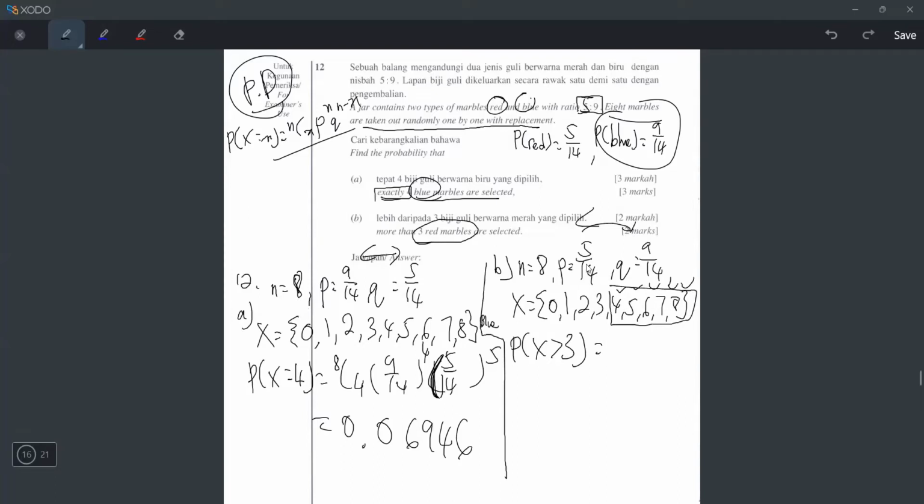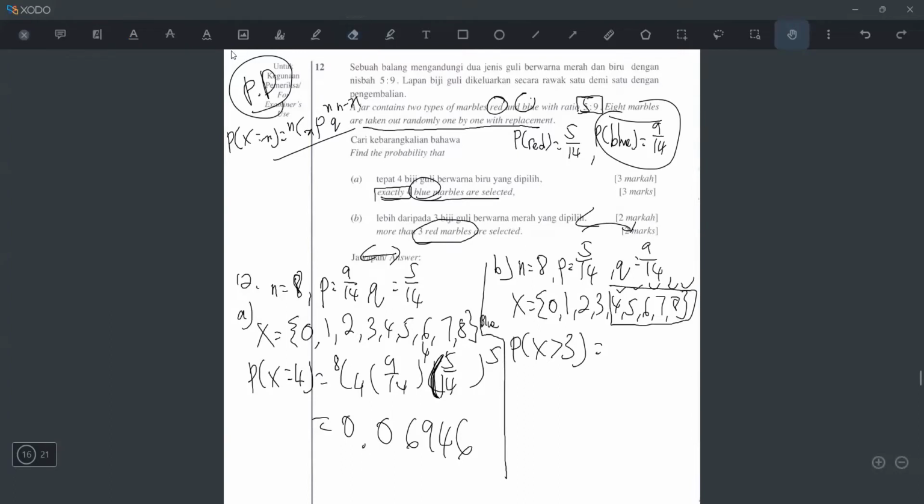Also one thing, always write the possible values of x. I know students don't like to write this one. If you don't write this, it's easy to make mistakes, because sometimes you will forget the 0 or whatever. So always write this. But I will do it a little bit differently. I will not do P(X bigger than 3). I will take 1 minus.